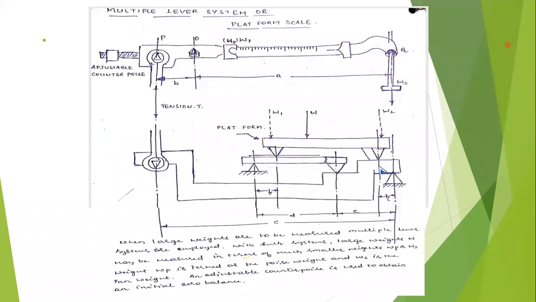Again, the main lever is hinged at one point, at one end of the lever, and the other end is connected to the tension bar through the trapezoidal knife edge. All of you observe here the triangular shape, that is nothing but the triangular trapezoidal knife edge. The tension bar is placed on the triangular knife edge on the beam as well as on the lever.